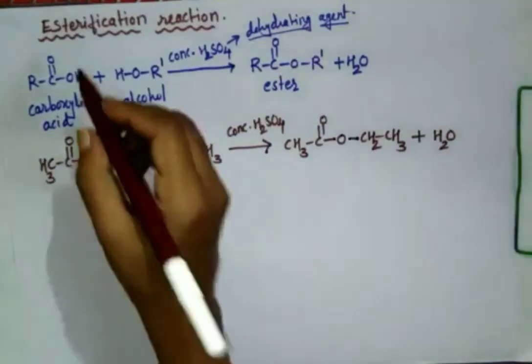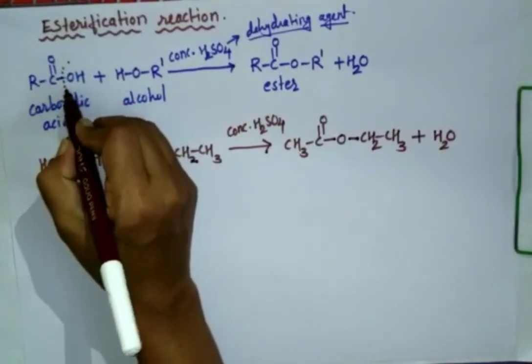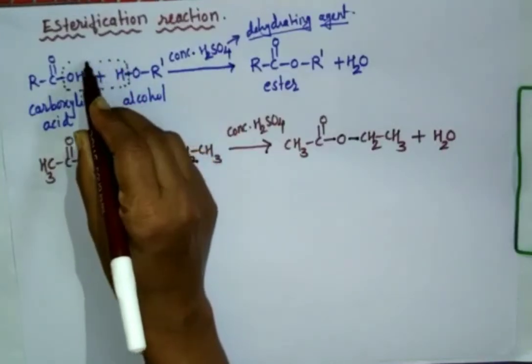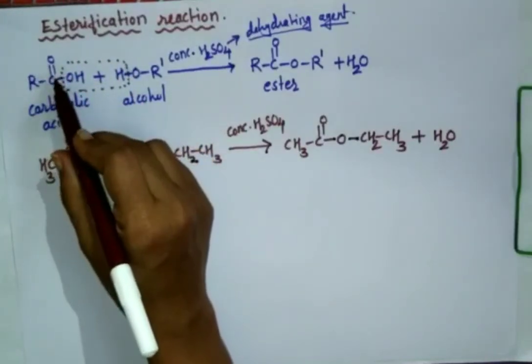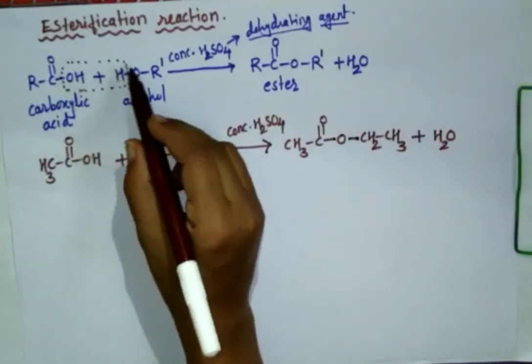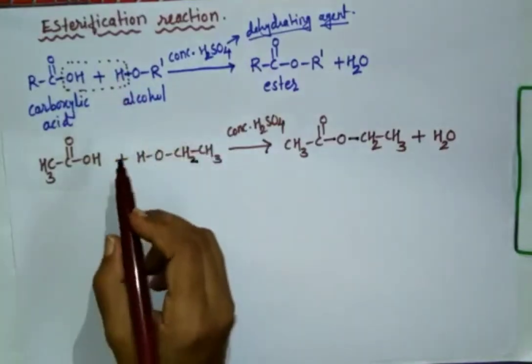So we can see here there is a loss of a water molecule: C-O bond breaking of the carboxylic acid and O-H bond breaking of the alcohol, and there is a dehydration, that is nothing but removal of this water molecule.